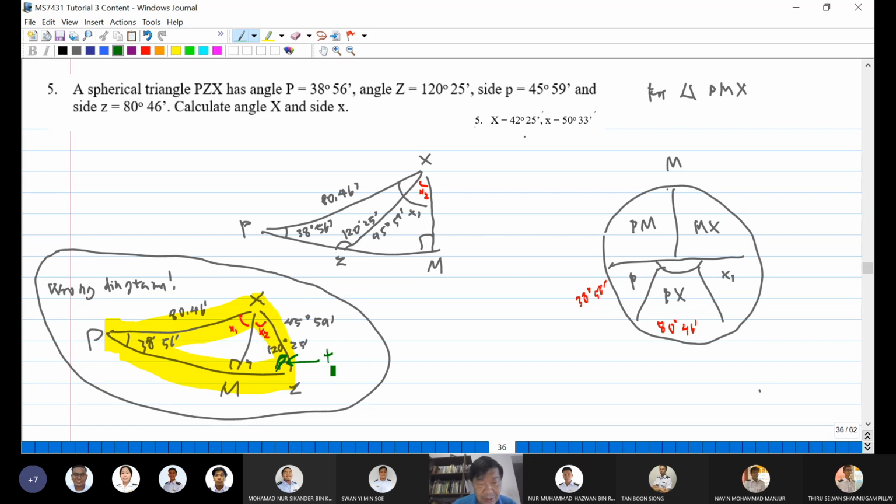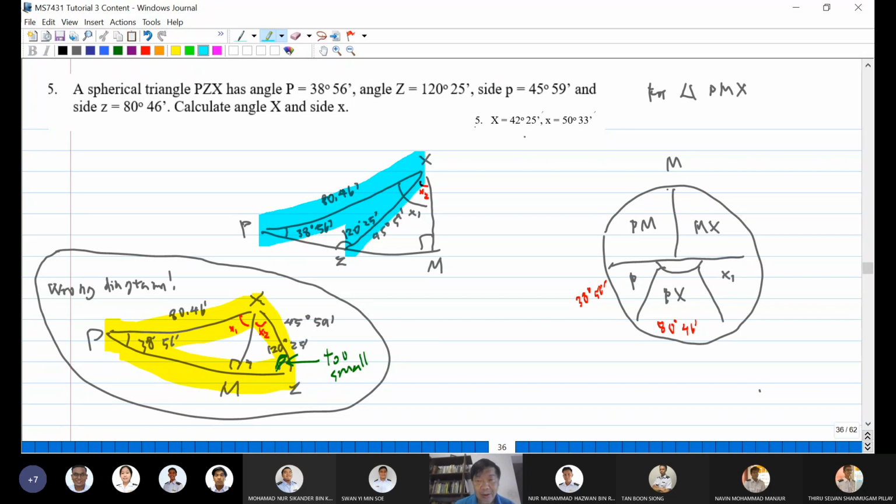So the correct way to draw is this way. You must make a big angle. If you try to draw it, you must actually get a big angle here. So this is the one you are supposed to draw: triangle PXZ should look something like this. Now, where is the 90 degrees? The 90 degrees is outside the triangle.